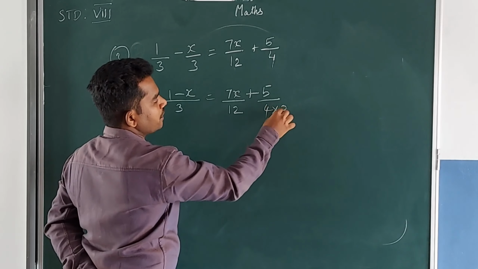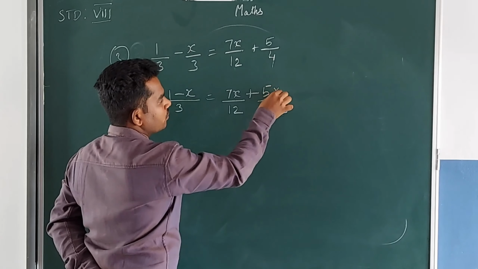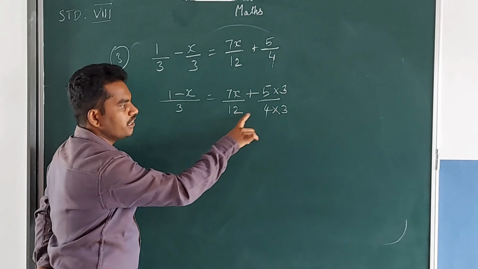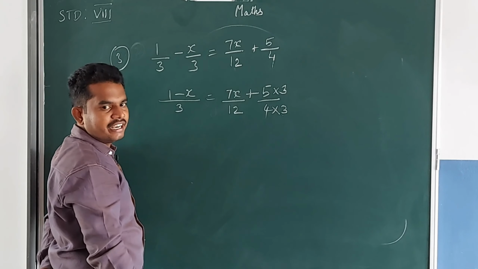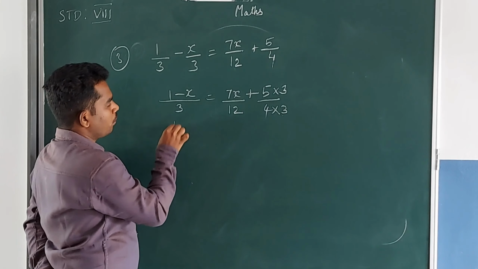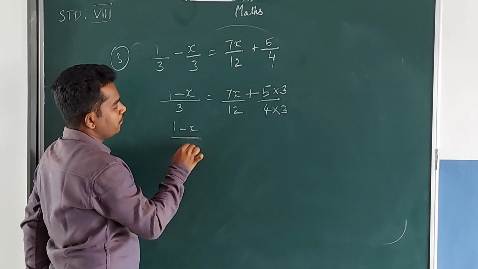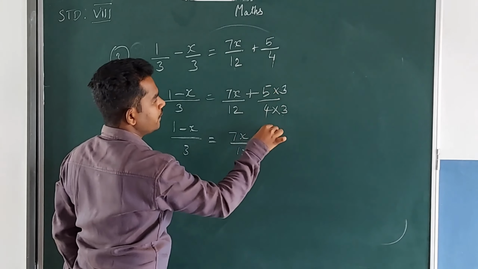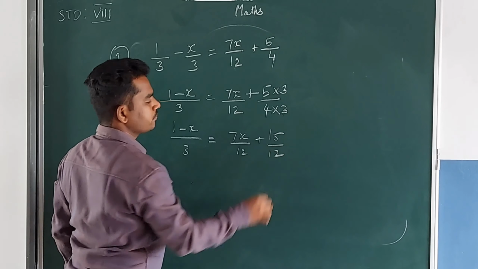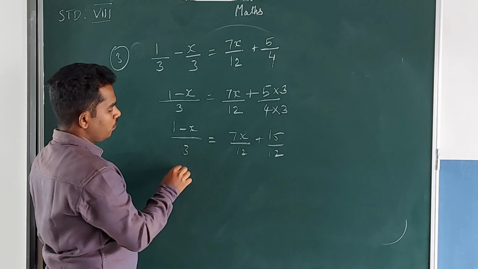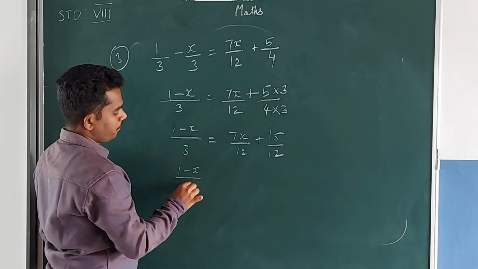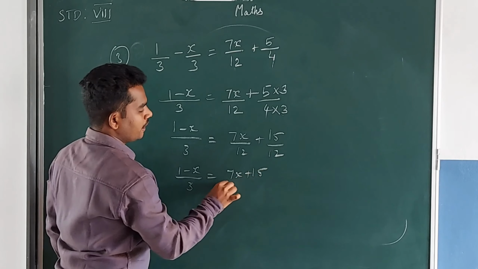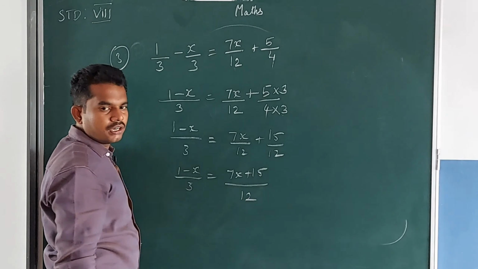So, 4 into 3. Here also you put 3. To equalize the denominator, we multiply by 3 divided by 3. Okay. So, 1 minus x divided by 3 equal to 7x divided by 12 plus 15 divided by 12. Okay. Here 1 minus x divided by 3, here 7x plus 15 divided by the common 12.